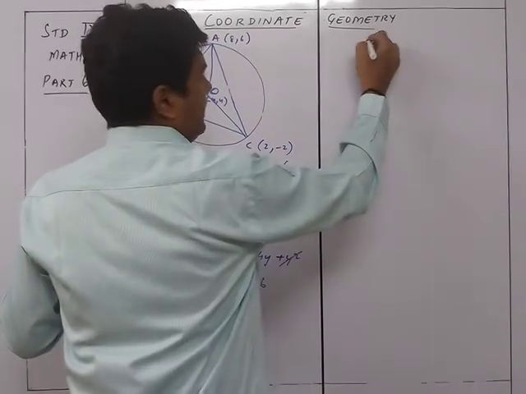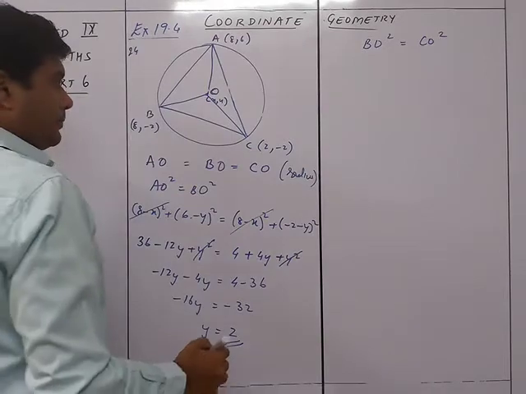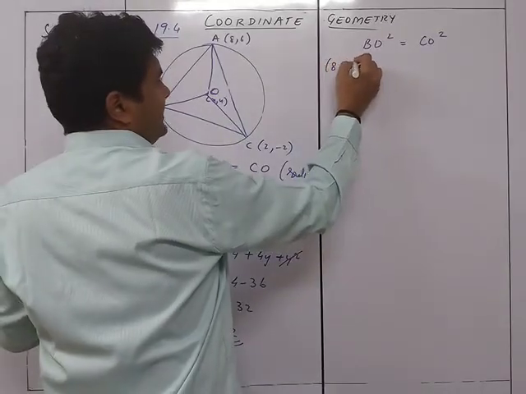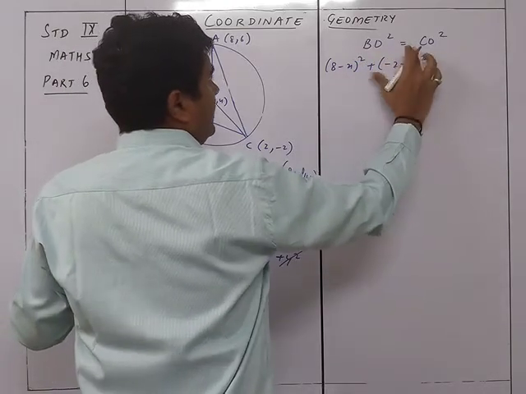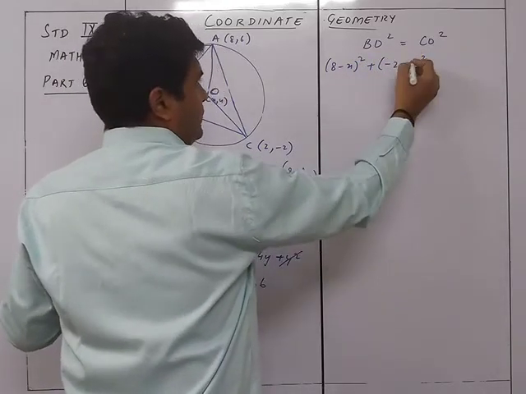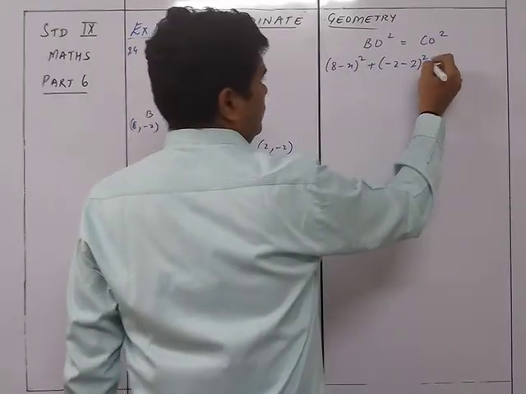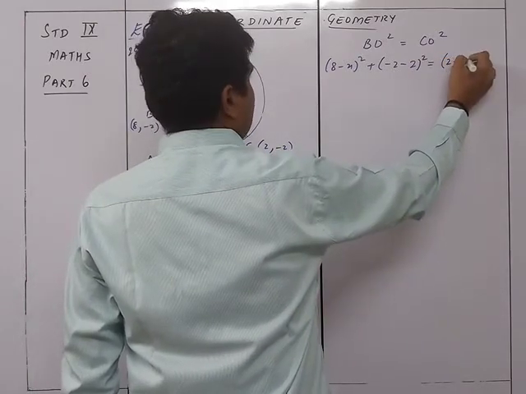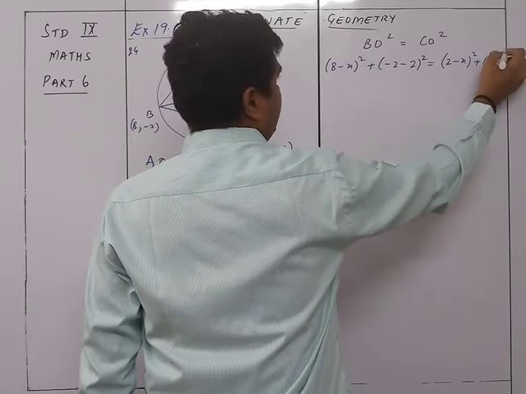We know that BO square equals CO square. BO square is 8 minus x the whole square plus minus 2 minus y the whole square. Now in place of y we can take the value 2, equals 2 minus x the whole square plus minus 2 the whole square.